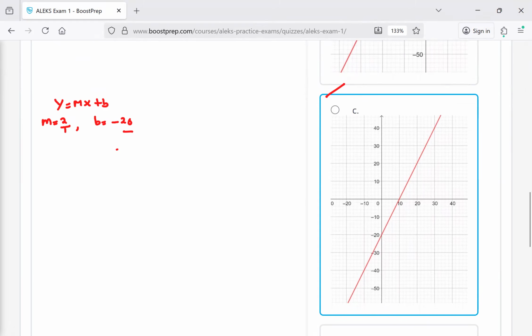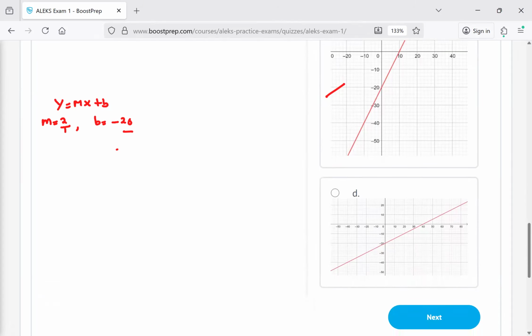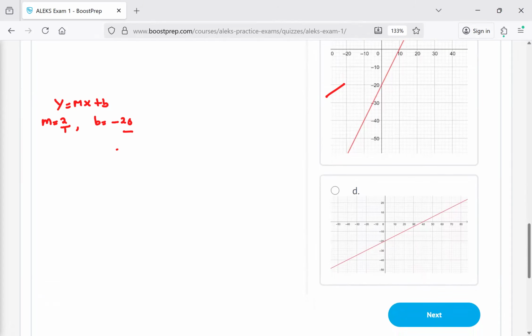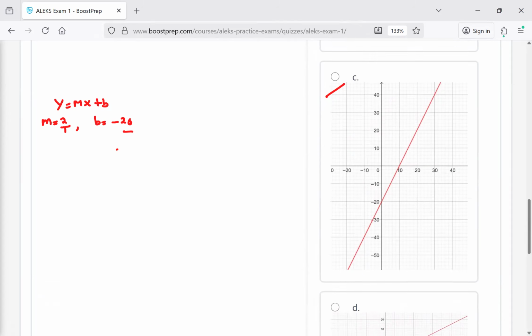Now, what about D? It also looks good. See how it's a positive slope and it has a y-intercept of negative 20? Now, which one do we pick? Is it C or D?